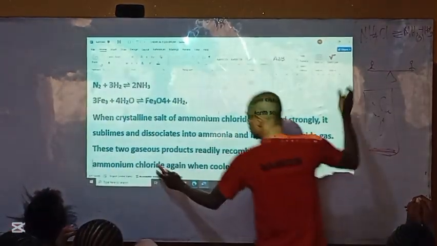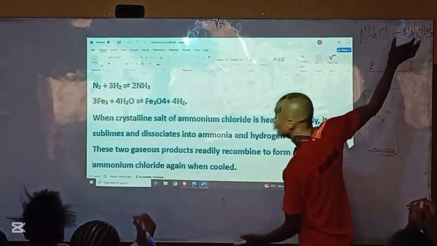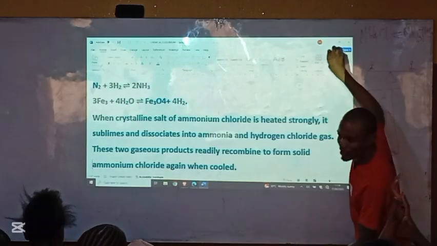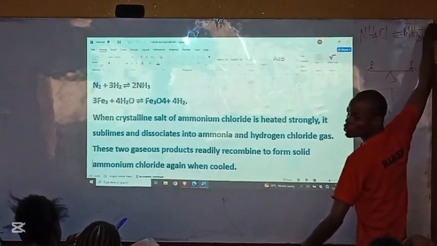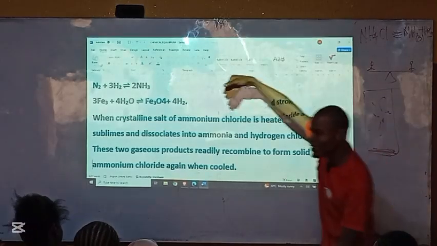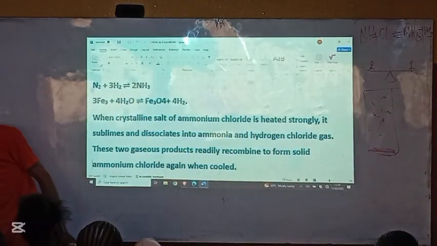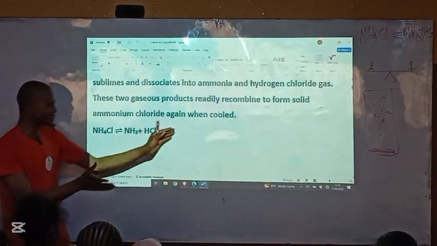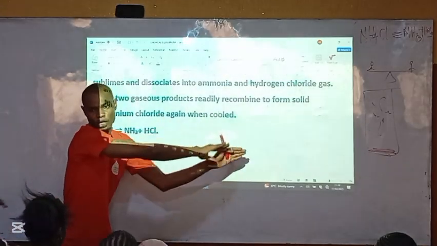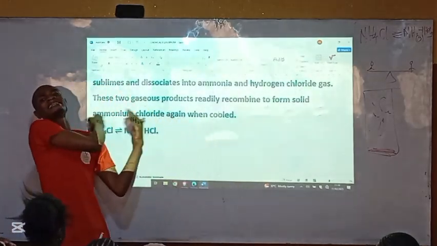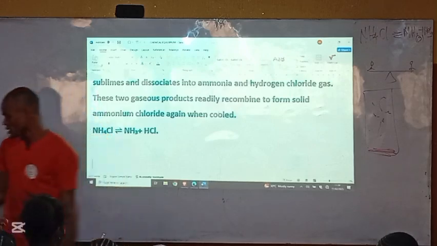They combine together to form ammonium chloride. When you cool it, it goes back. When you heat it, it goes forward. When you cool it, it comes back again. That's a reversible reaction: a reaction that can be reversed. The product side is the forward reaction. The reactant side is the backward reaction.